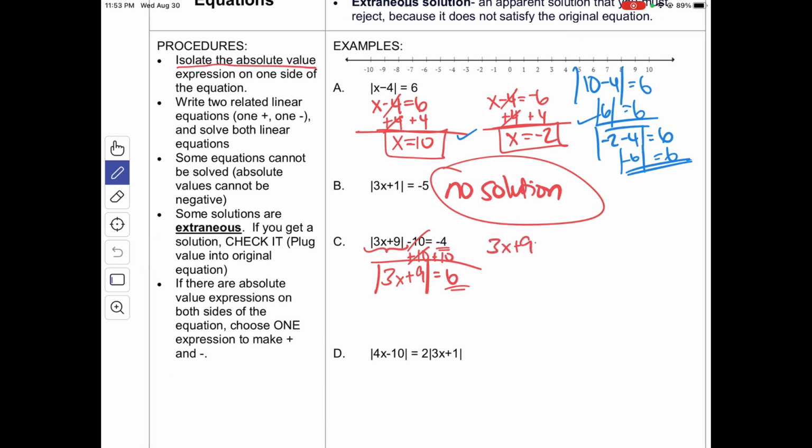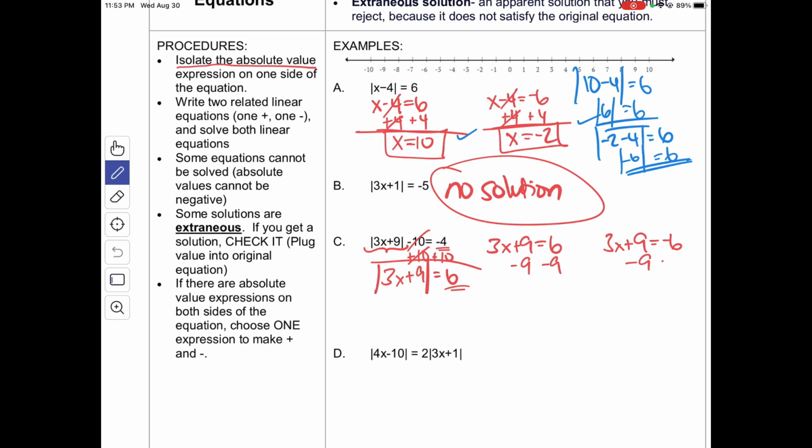3x plus 9 equals 6, and 3x plus 9 equals negative 6. The previous question I did in 2 separate problems, but typically with these problems you do the same thing to both sides of the equation at the same time.